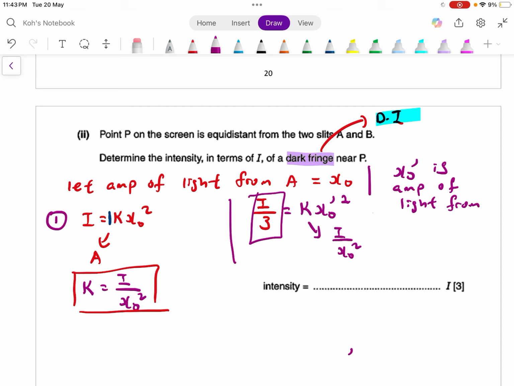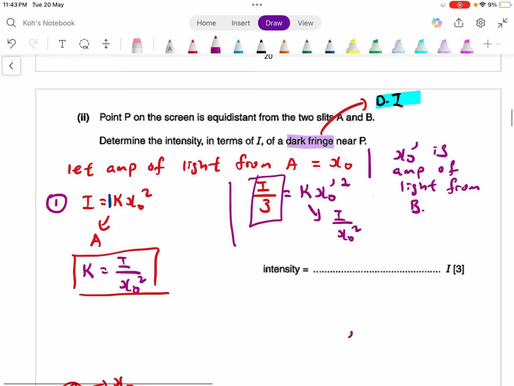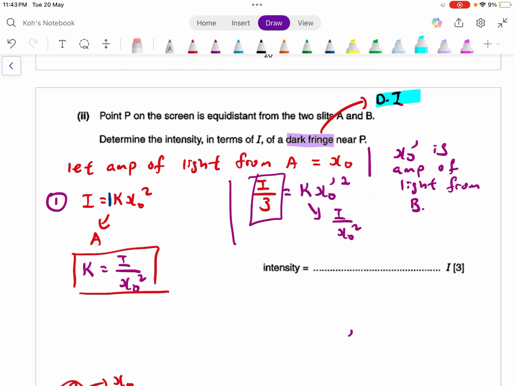Based on this, I over 3 equals k x0 prime squared. I substitute in the k, because k is a constant. So I over 3 is equal to I over x0 squared times x0 prime squared.